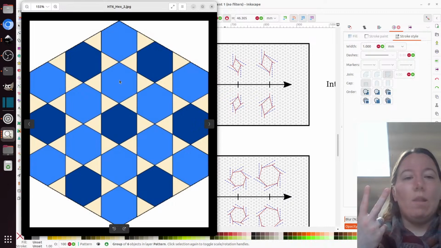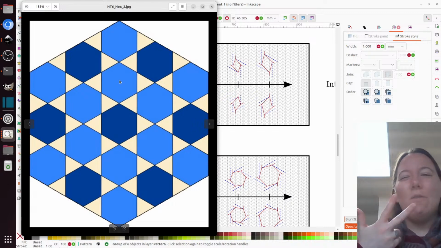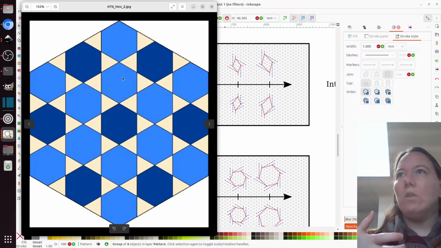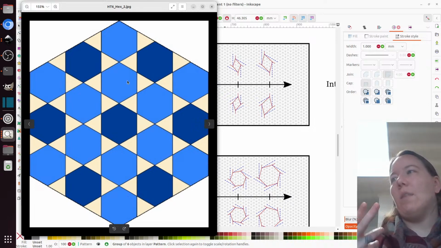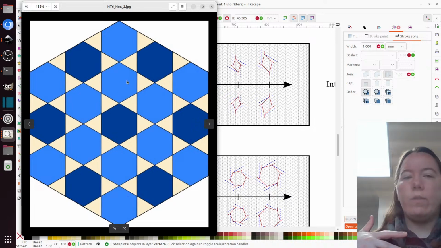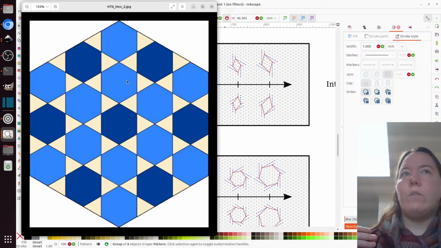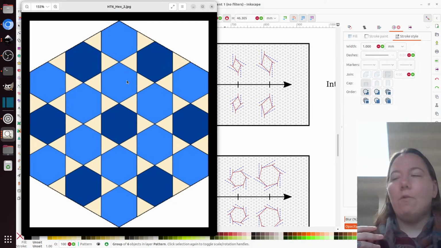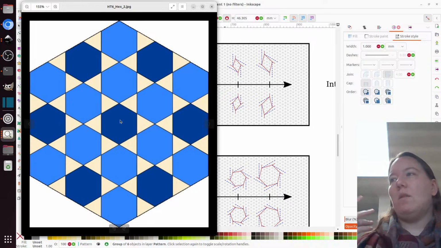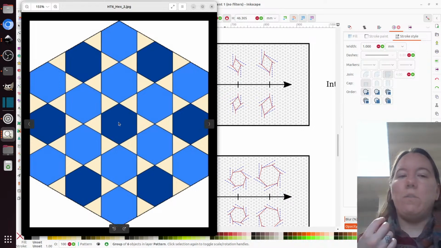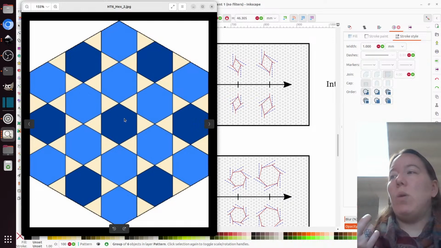What's in the light blue hexagon? And in order to really use this symmetry, the thing in the light blue hexagon has to be different from what's in the dark blue, because otherwise it just degenerates to the coloring we had before. And here also there's just one choice of spacing. What is the spacing between the dark hexagon and the triangle?